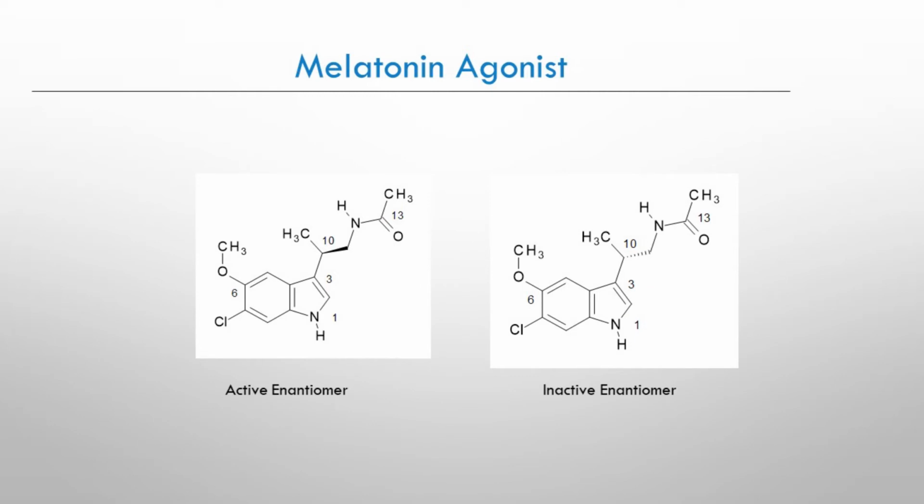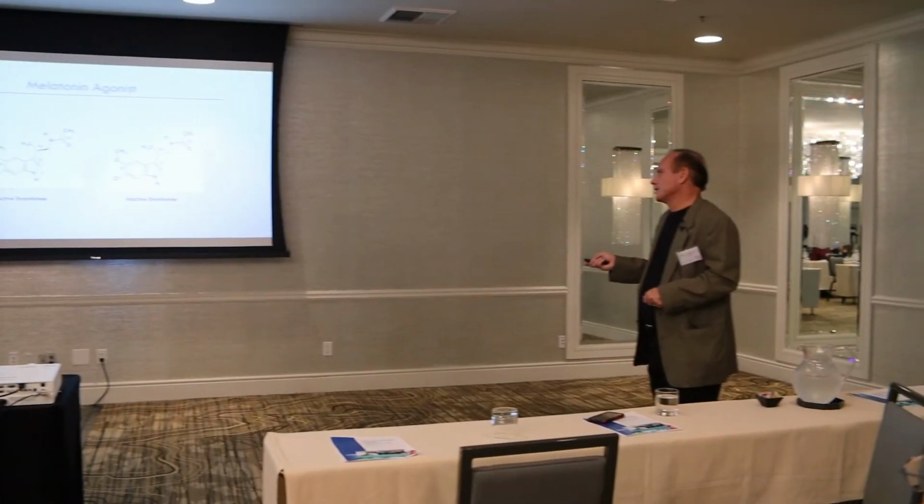They decided, this was in the early to mid 90s, to go with the active enantiomer, and I've had this happen more than once, to conserve the active molecule. We know biological systems are very sensitive to chirality.